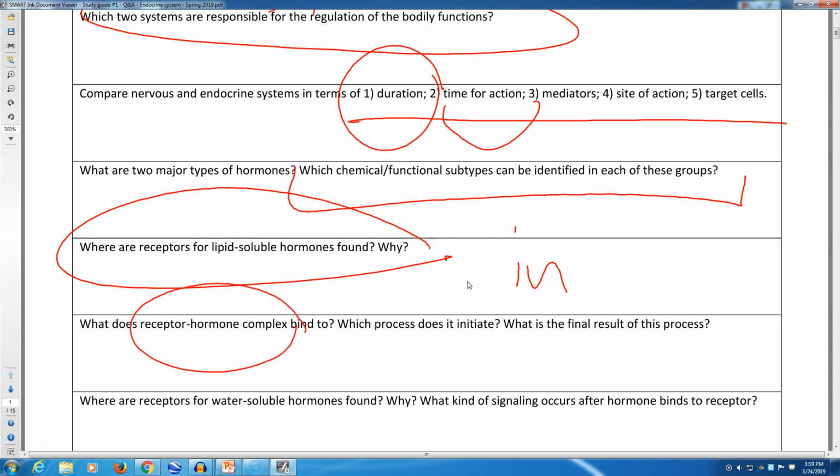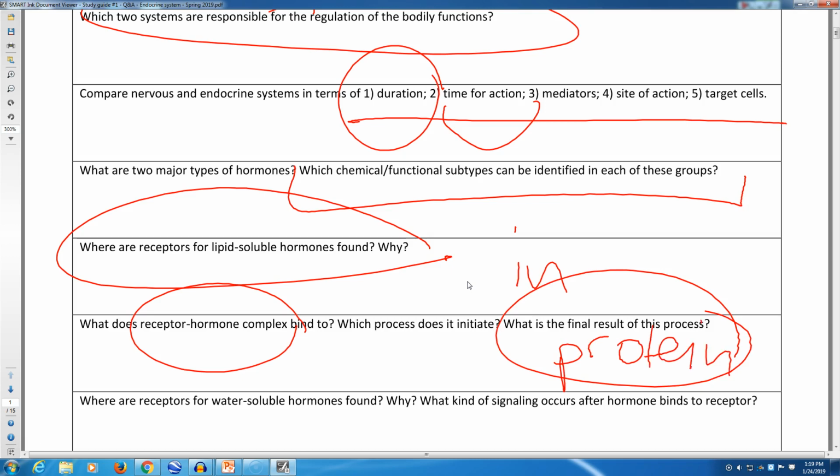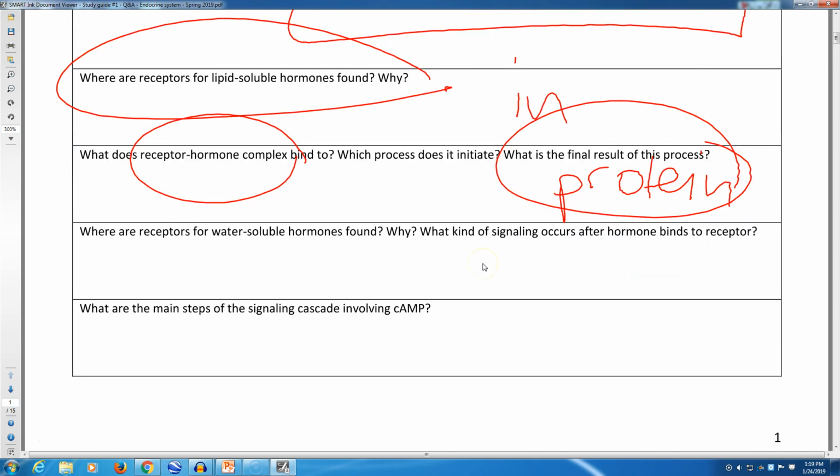I will ask you, there will be several questions on this: the complex, not the hormone, binds to the DNA, initiates transcription, which leads to RNA, which then is translated into a protein. Okay? Know this. I will ask this.